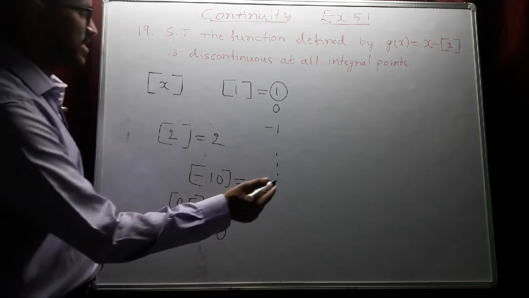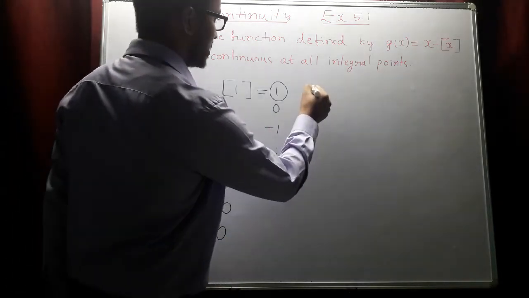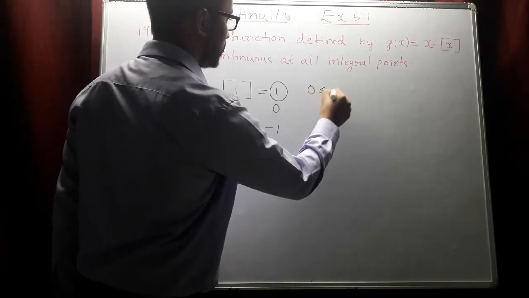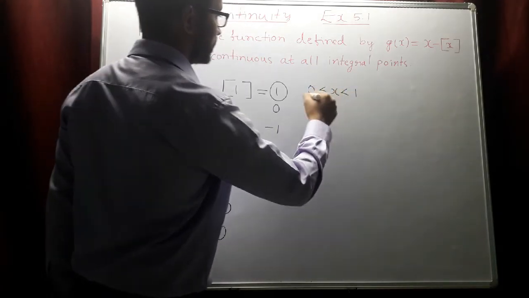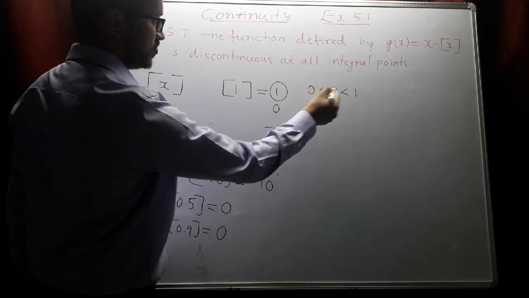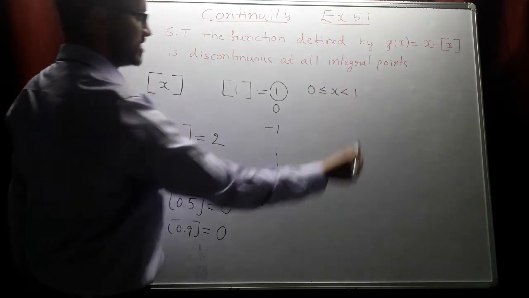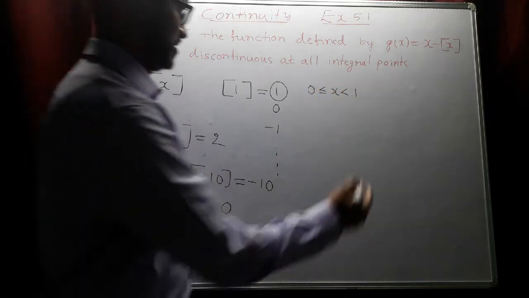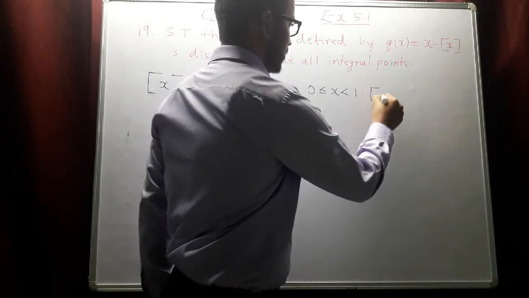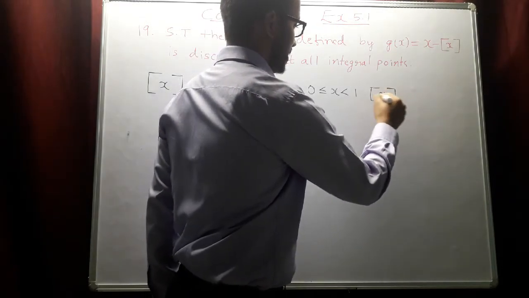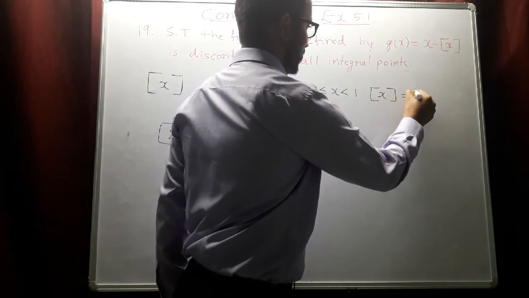So if you take any number from 0 to 1, where 0 is included and 1 is excluded, the value of the greatest integer of x becomes 0.